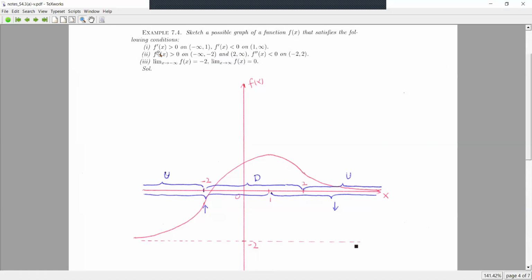By increasing decreasing test, when first derivative greater than 0, the graph of the function is increasing. So mark down this information. From -infinity to 1, the graph of the function is increasing. The curve is increasing.